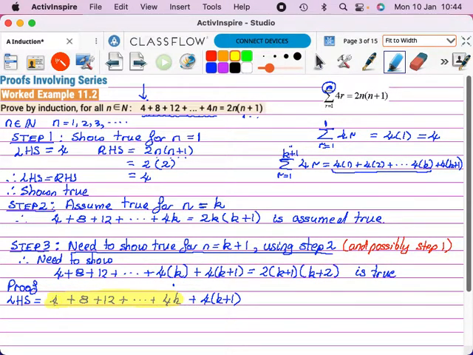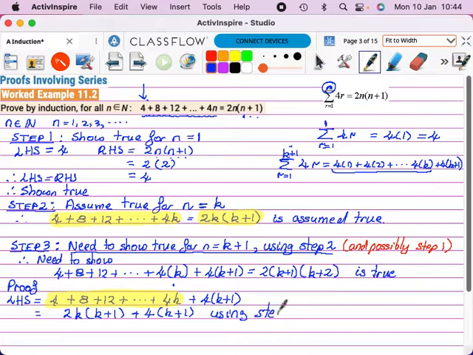And step 2 quite clearly states that this bit here is equal to this bit. This is assumed true. So we can now write down here that this yellow bit is 2k on k plus 1 plus 4 on k plus 1. And here we can quite simply write using step 2.